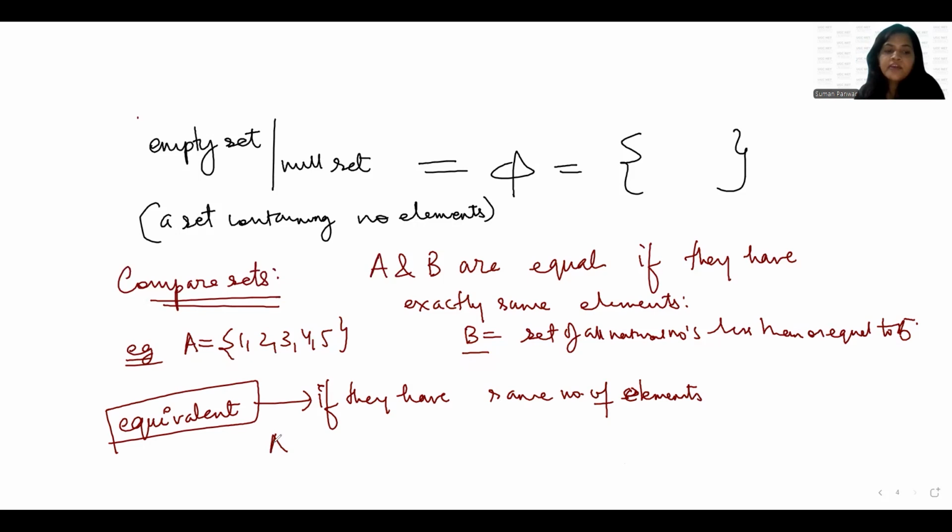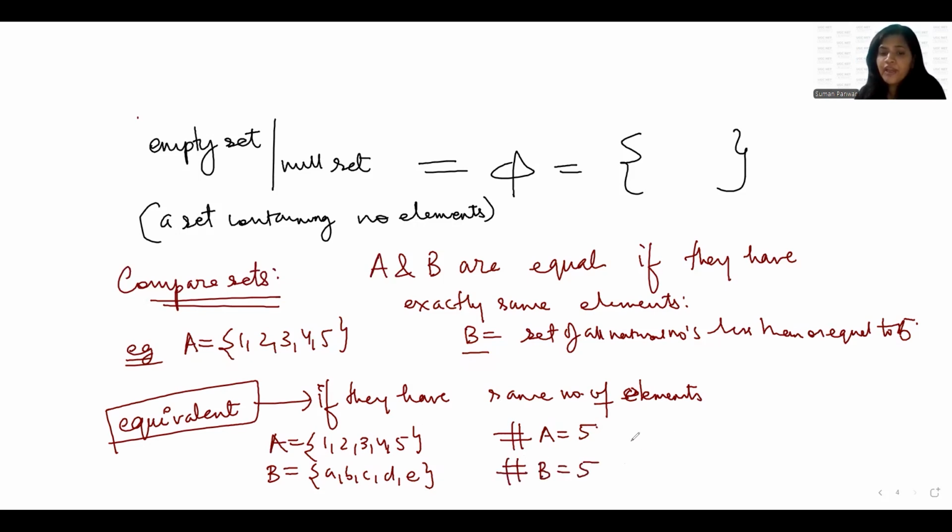That means if A is 1, 2, 3, 4, 5, and B is A, B, C, D, E, the number of elements in A is equal to 5, and the number of elements in B is also equal to 5. That means they are equivalent sets, but they are not equal sets because the elements are different. They look different, but the number of elements is the same in both the sets. So this is how you compare two sets.